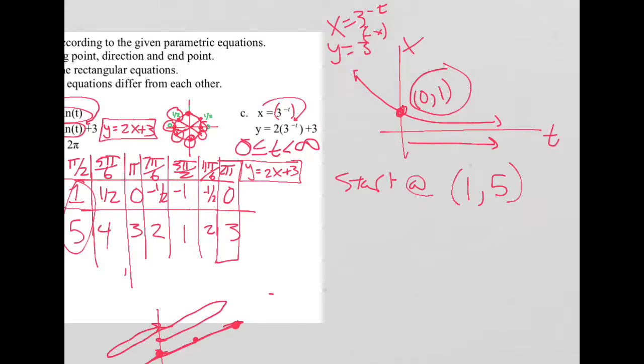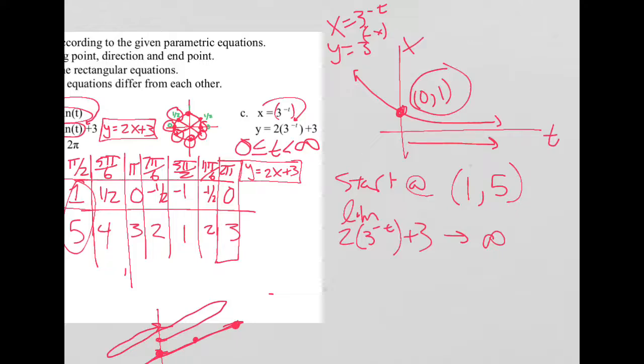And think about what's our ending point. Well, what's the limit as t goes to infinity of 2 times 3 to the negative t plus 3? I didn't write that in proper notation, but let's maybe do that.